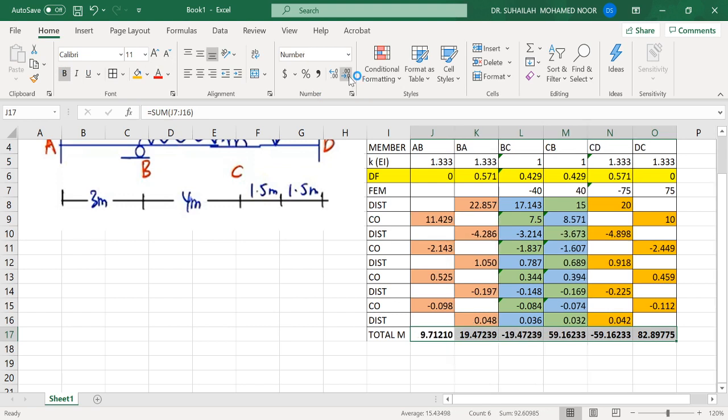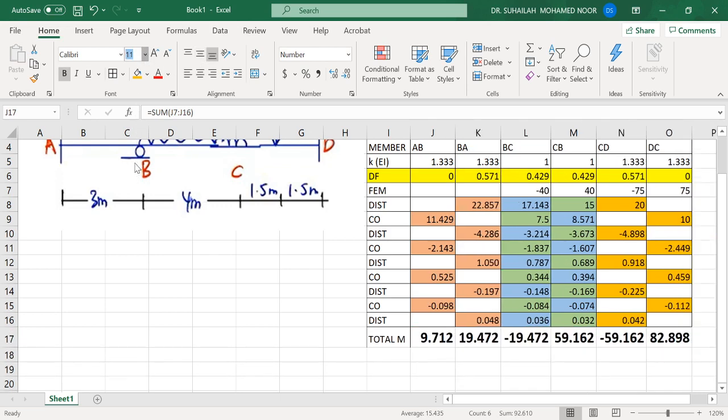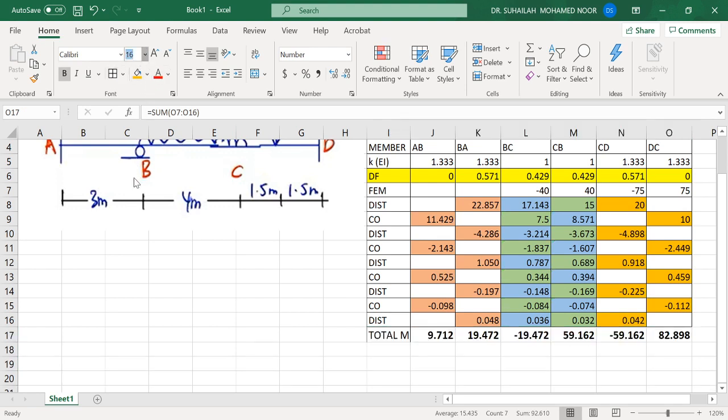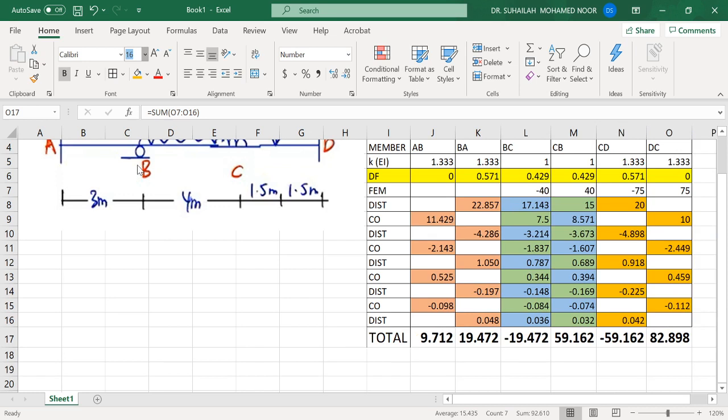Set decimal point. Change font, size 16 is okay, and bold. So the member and moment.